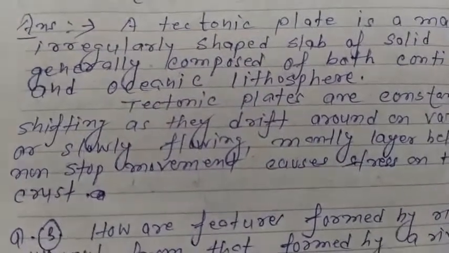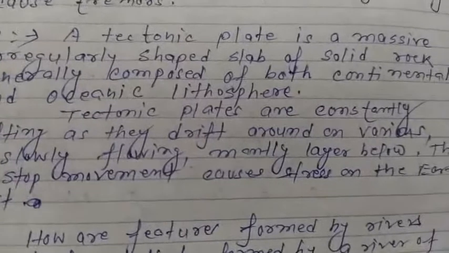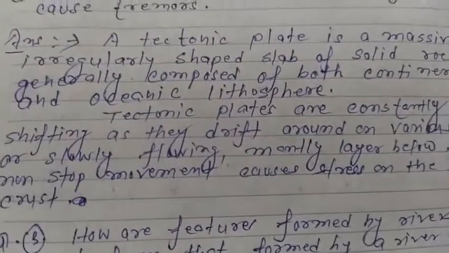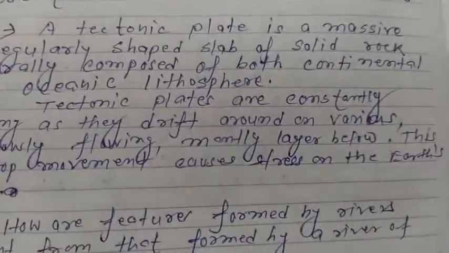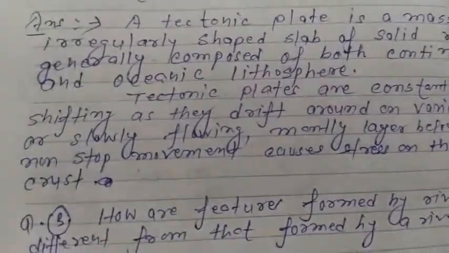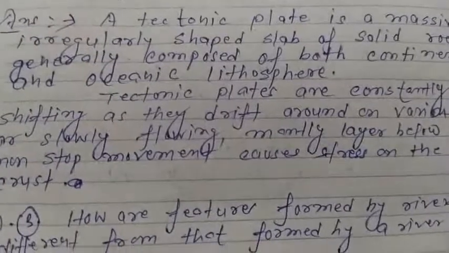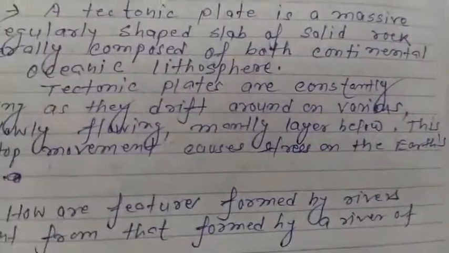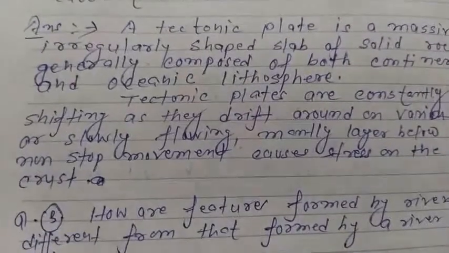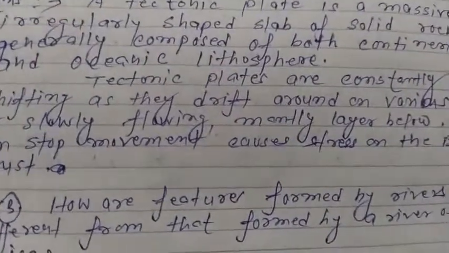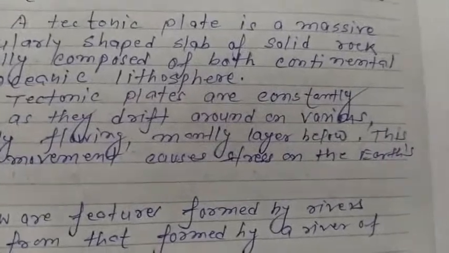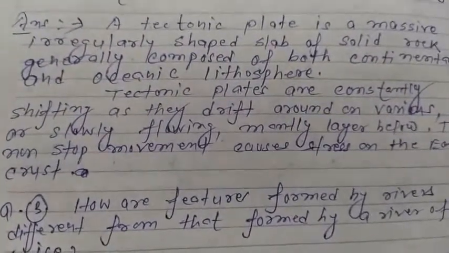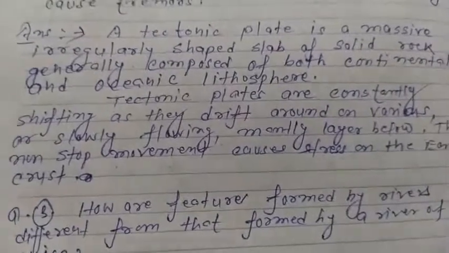Tectonic plates are constantly shifting as they drift around on the slowly flowing mantle layer below. This non-stop movement causes stress on the earth's crust. As a result, they cause tremors.